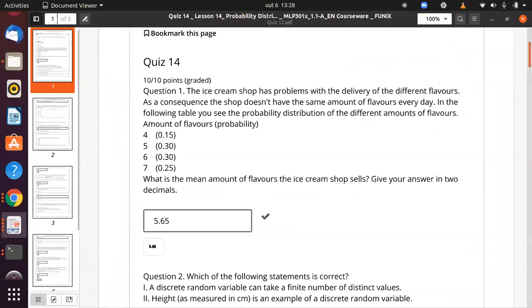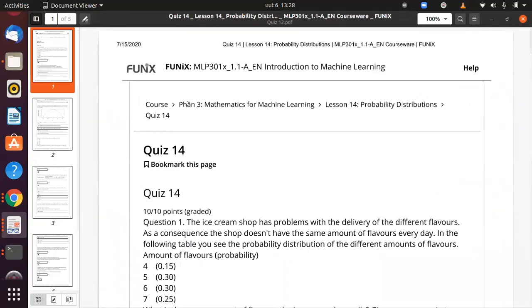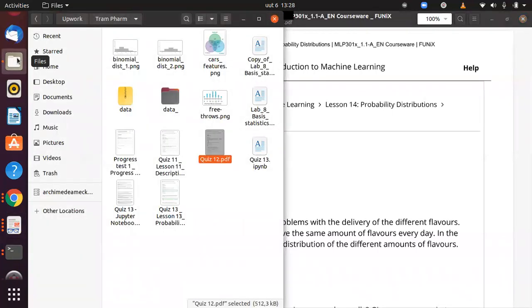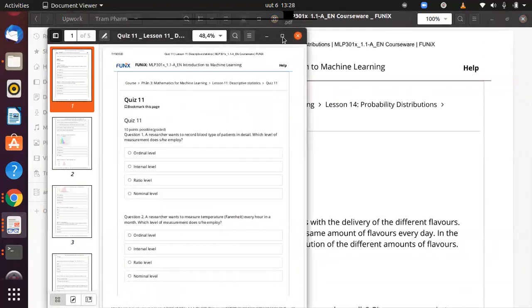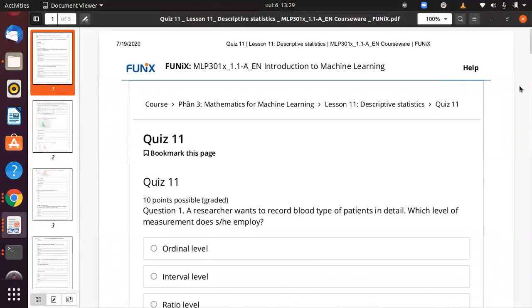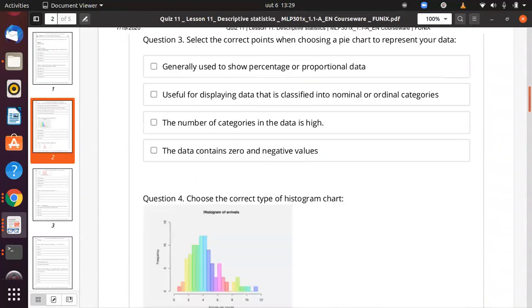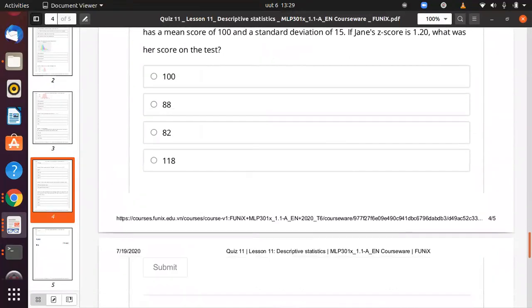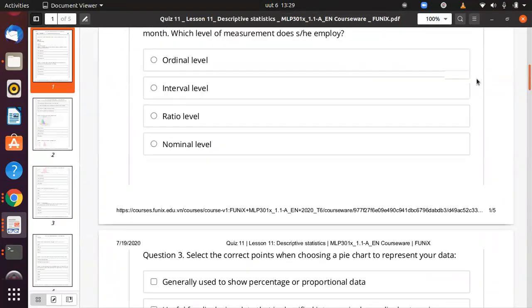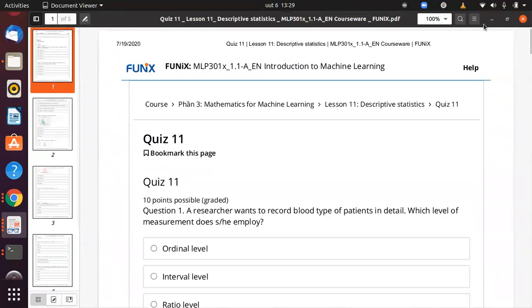Sorry, let me go back to the 11. For some reason, I don't remember that we solved it yet. Let me double check just to be sure. Okay, yes, you are correct.